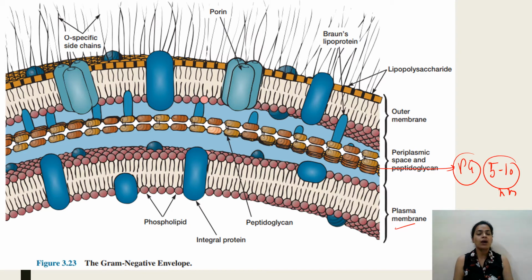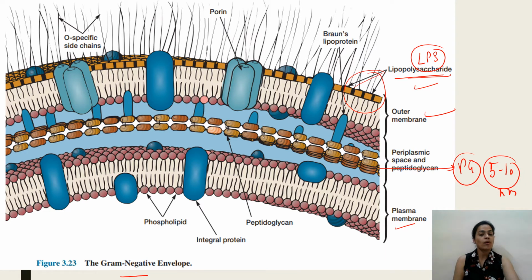Apart from that, towards the exterior side of the peptidoglycan, there is the outer membrane layer, which is also a bilipid layer like the plasma membrane. In the outer membrane there are these long structures known as lipopolysaccharides, LPS, a very important one. These are only present in gram-negative bacteria and absent in gram-positive bacteria.